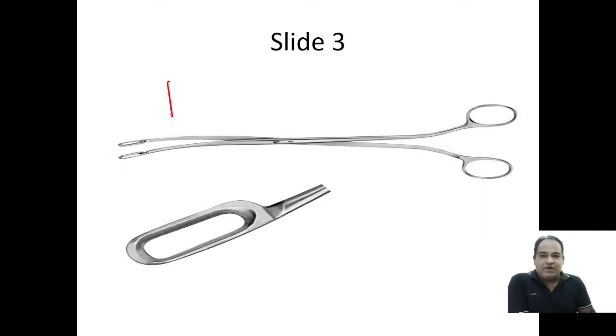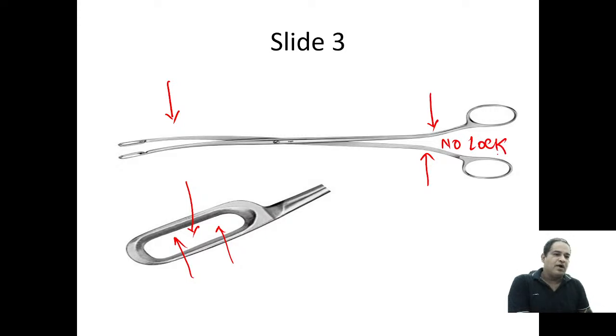Okay. So again, you have to identify this instrument. You can see there's a hollow there. Second thing, you can see there is no lock. And just one screw is there. No box.